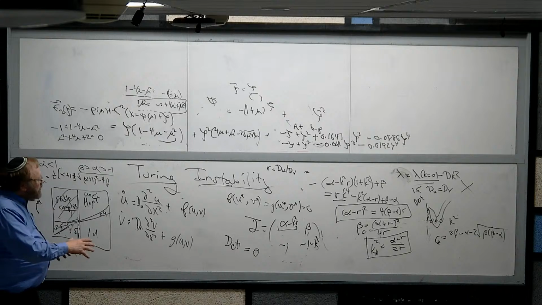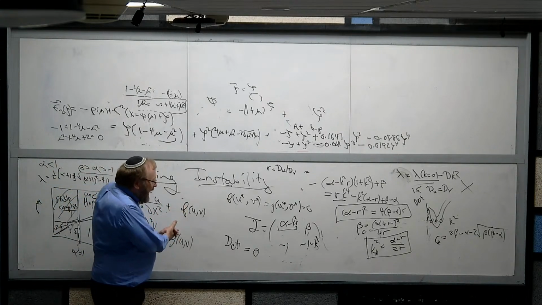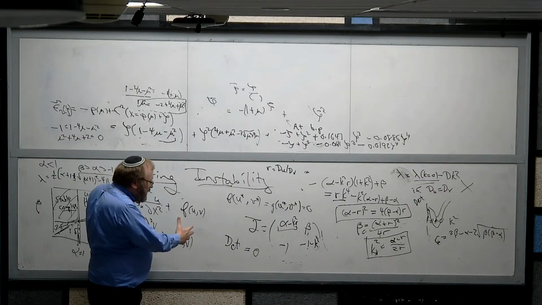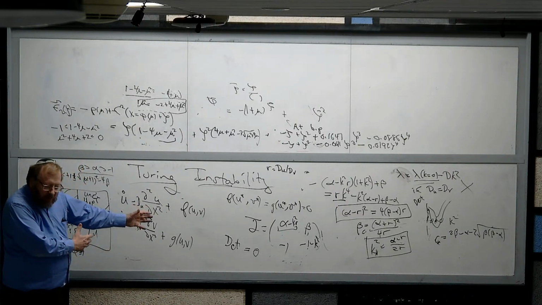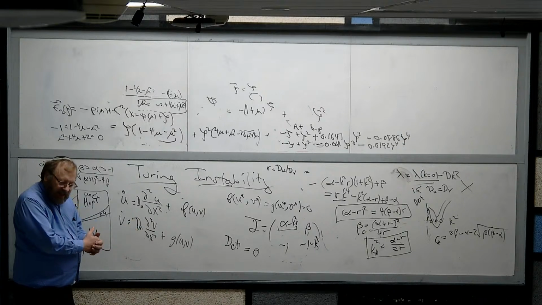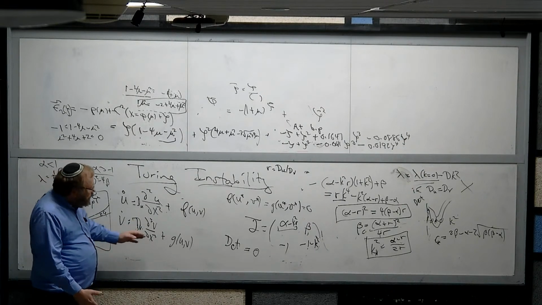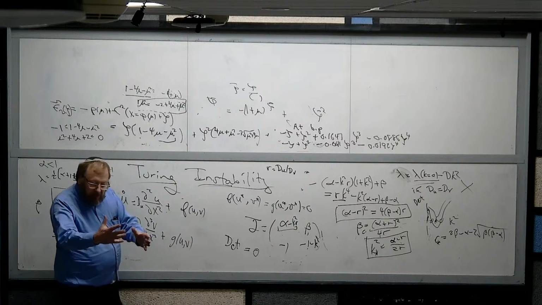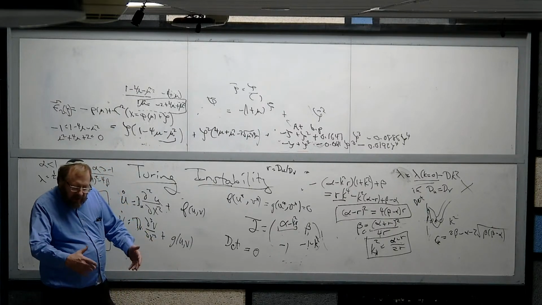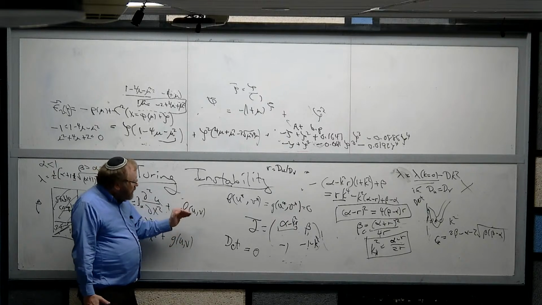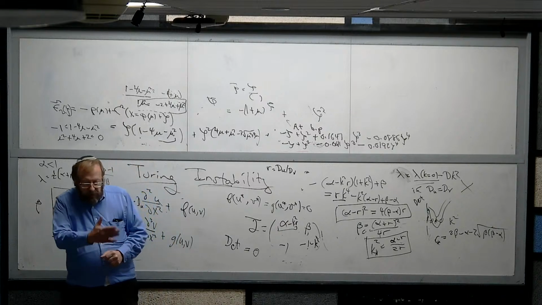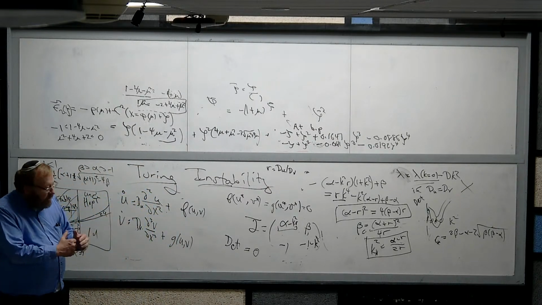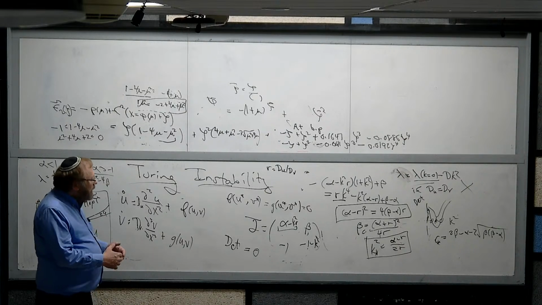Okay, so anyway, this is the Turing instability, and you see that it's a kind of bifurcation. That is, we play with the parameters, and you find that the uniform steady state, U equals U star, V equals V star, a constant, becomes unstable in the presence of diffusion at this critical value of the parameters, and then you get a pattern.